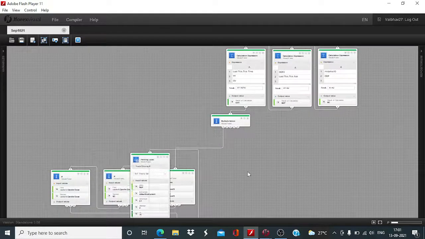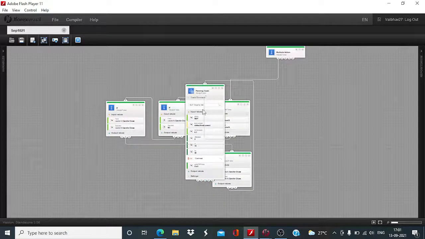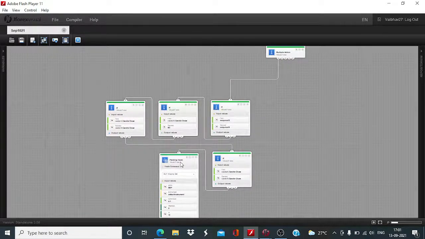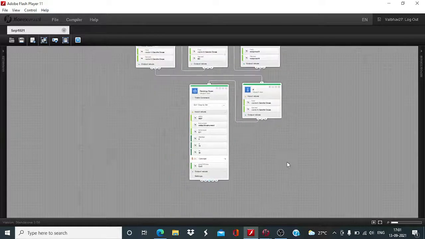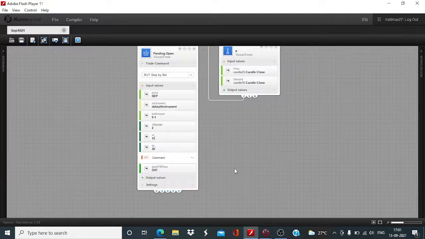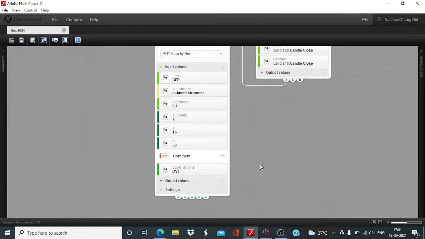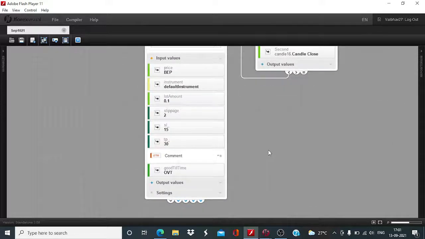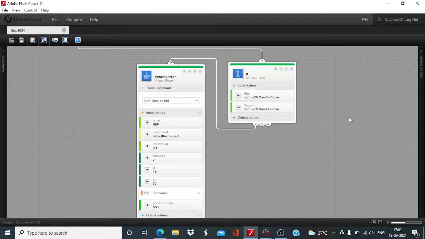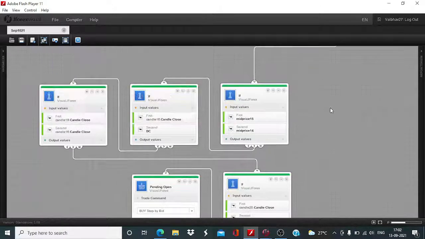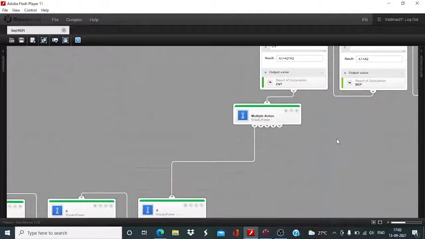So here we have defined these variables. All the required variables have now been defined for the trade command block. And I think the buy side of the equation of this algorithm is complete.